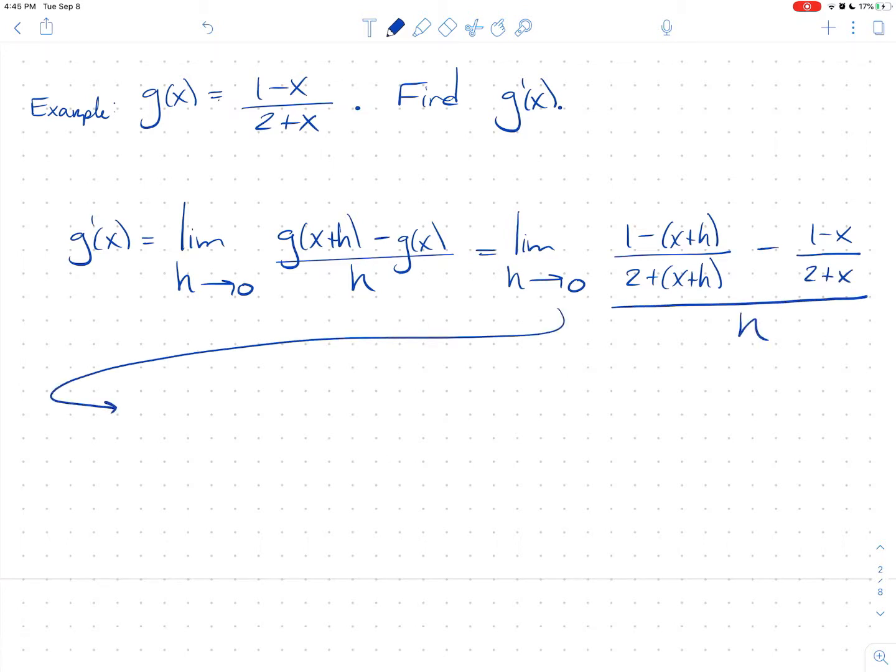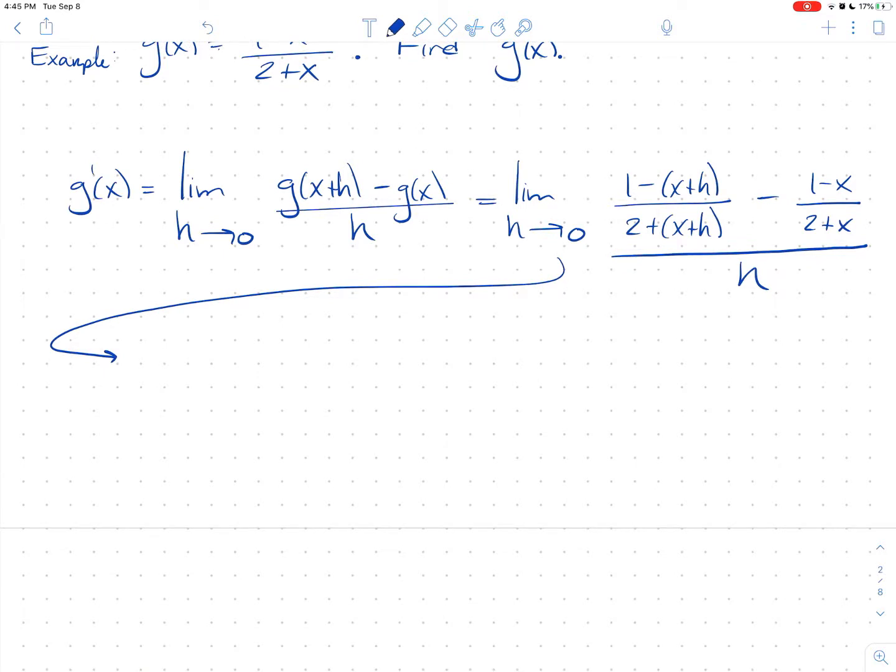And so we'll go down here. Let's realize that to be able to simplify this, I'm going to need to combine the upstairs terms. I'm going to need to find a common denominator, which is going to be this denominator times this one. And so I'm going to have the limit as h goes to 0 of 1 minus x minus h, all times 2 plus x, multiplying this side by 2 plus x.